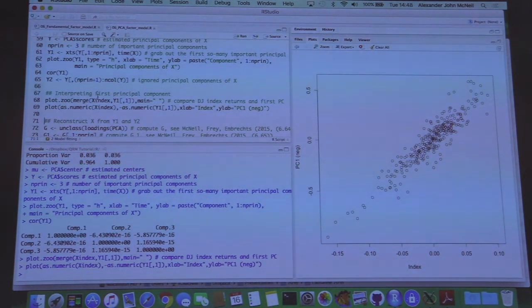So if you like, the first principal component is an alternative index, so returns on an alternative index weighted according to the mathematics of principal components. So that's very brief, but it's just another way of getting factors out of the data. What is better, fundamental factor models or principal components?